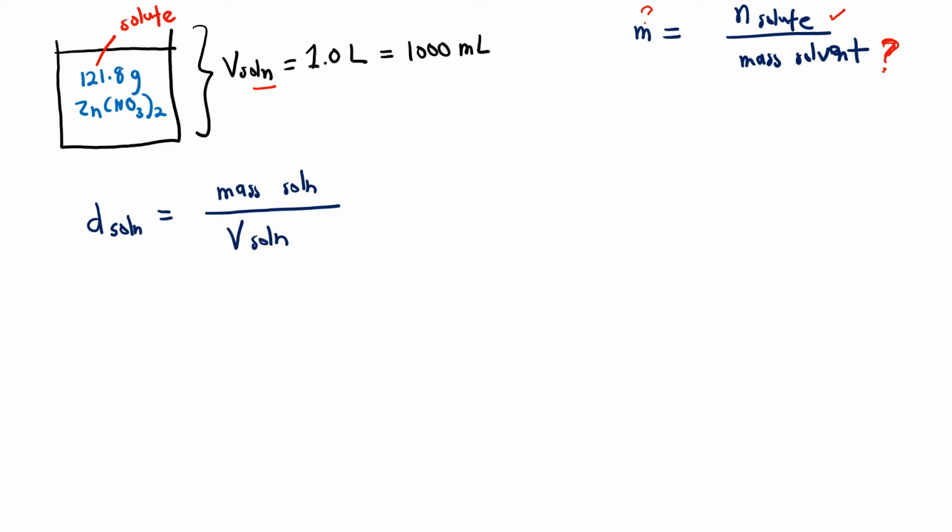So from here, do we have mass of solution? Not yet. Do we have volume of solution? Yes, here. The density of solution is also given in the question. So from the formula of the density, you can find mass of solution first.